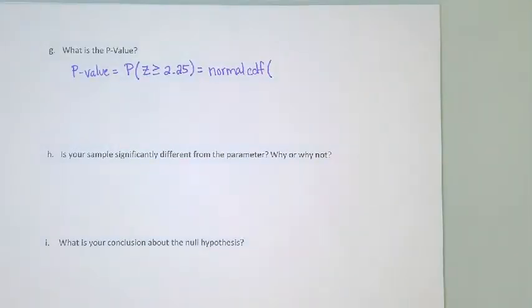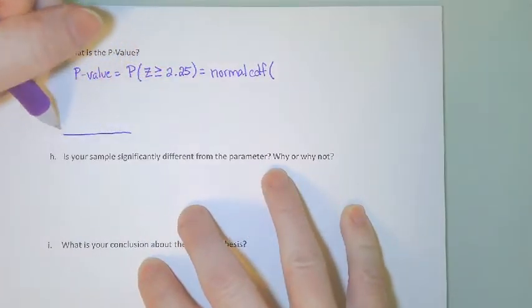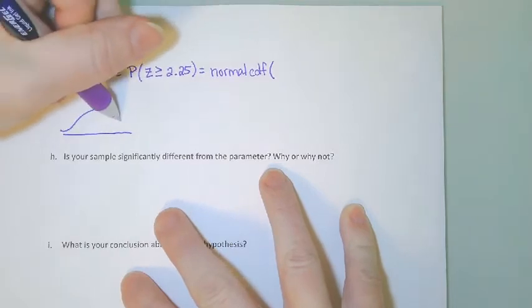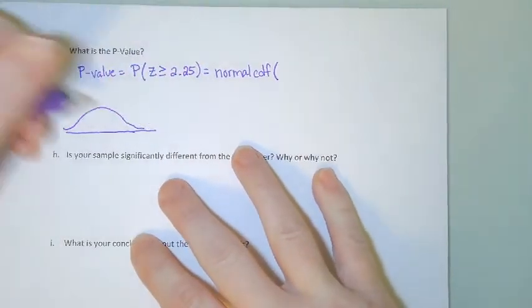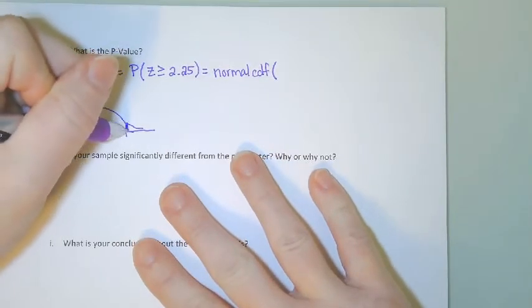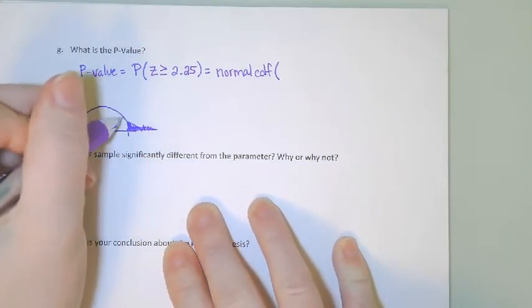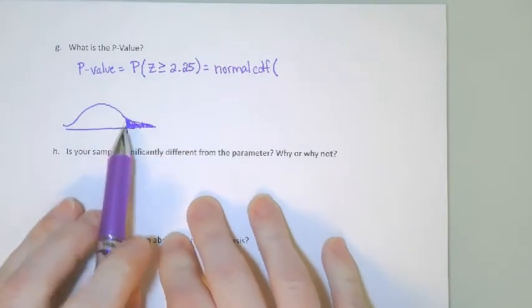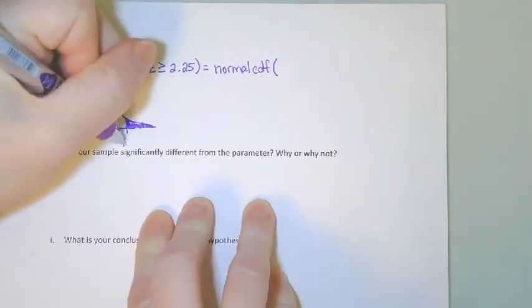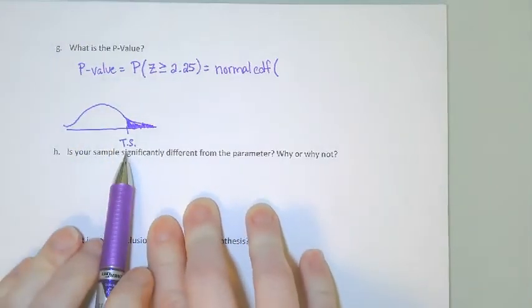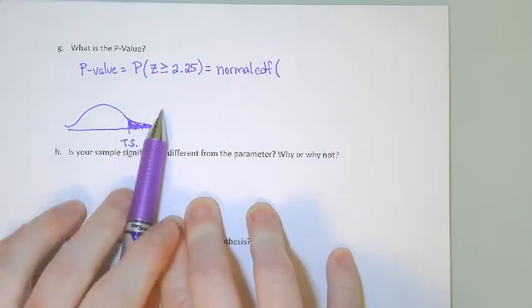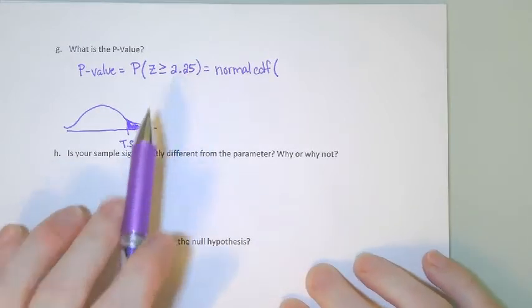Remember, the first two values we enter are our bounds, our lower bound and our upper bound. We said earlier that this is a right tail test, so we're interested in the right tail of the distribution. In this case, our low bound is whatever our test statistic was, which was 2.25.